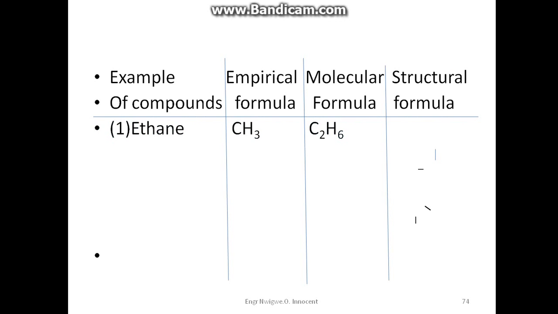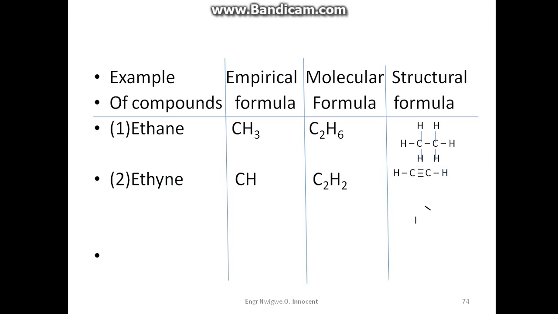The molecular formula is C2H6, while the structural formula is CC surrounded by H with only single bonds. Ethyne has an empirical formula of CH, but molecular formula of C2H2. The structural formula has two carbons having a triple bond.